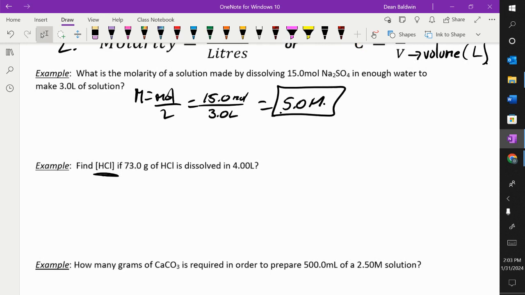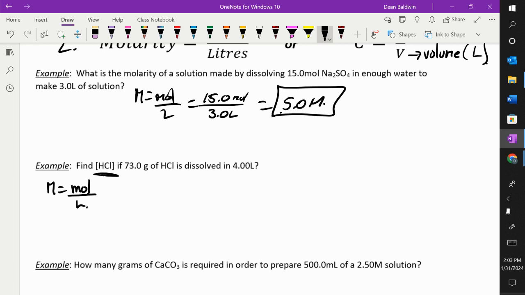Okay. Find the concentration of HCl if 73 grams of HCl is dissolved in 4 liters of water. What's the problem with this question? Yeah, we have grams instead of moles. If they're talking about concentration, we want moles. So how do I convert 73 grams of HCl into moles?